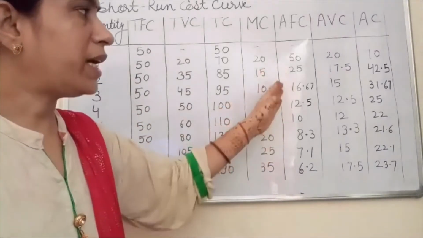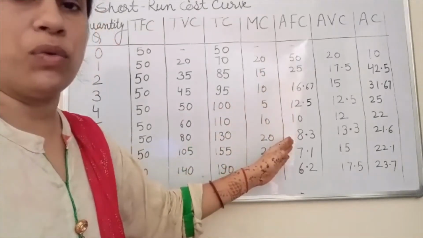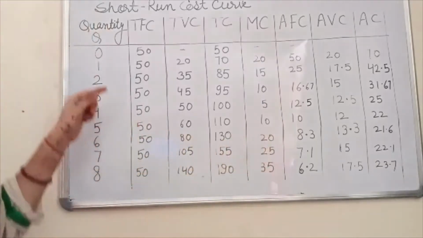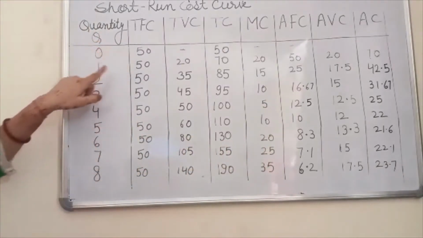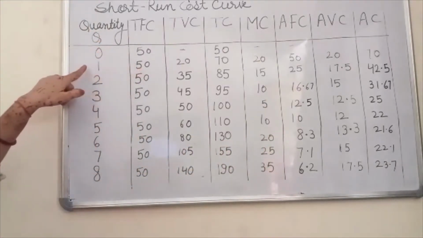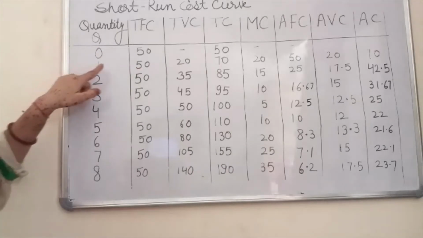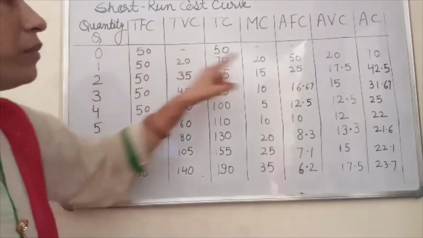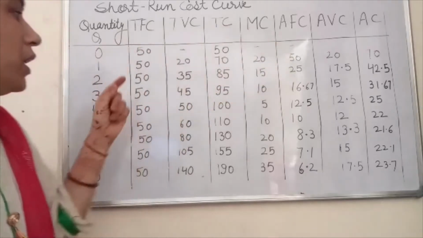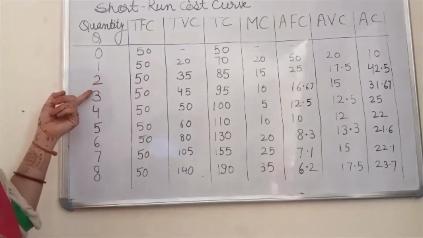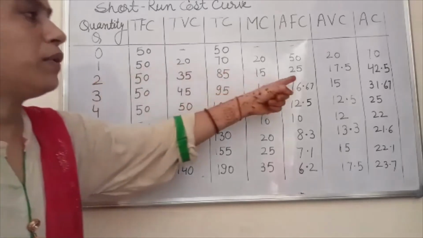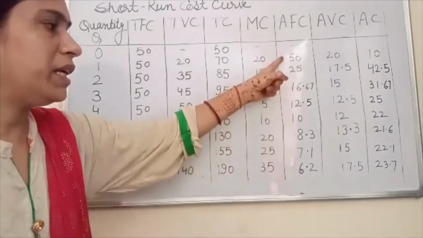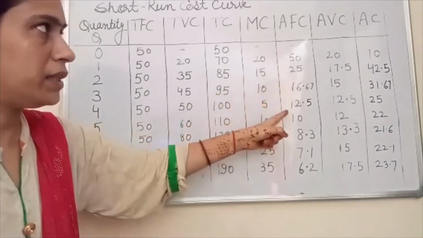To get AFC, as we know, we have to divide TFC by output. When we divide 50 by 1, we will get 50. Then 50 divided by 2, we will get 25, and in this manner we will get AFC. But here it is a special case.